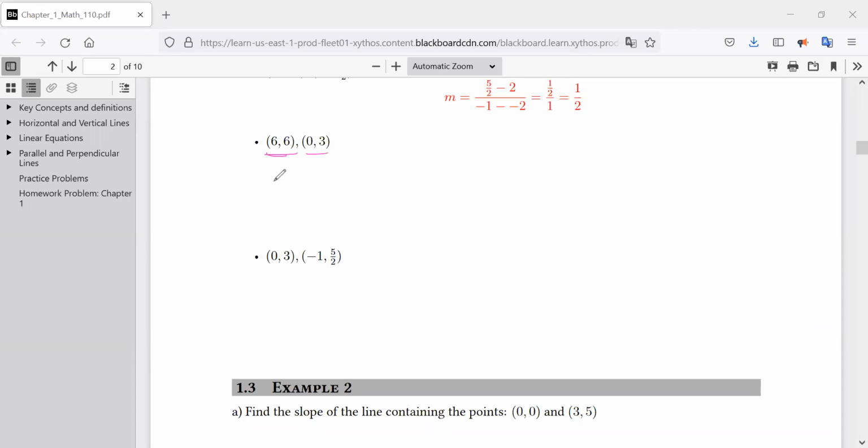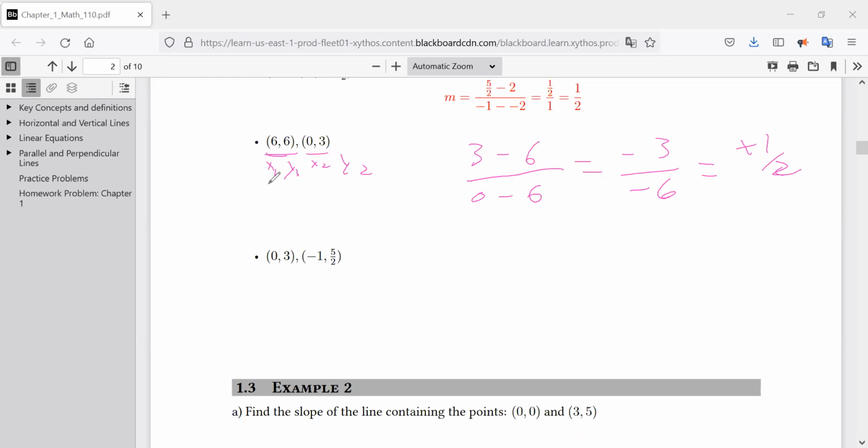So here we have, let's call this x1, y1, and x2, y2. So we have 3 minus 6 divided by 0 minus 6. So it's going to be equal to -3 divided by -6, which is +1/2.